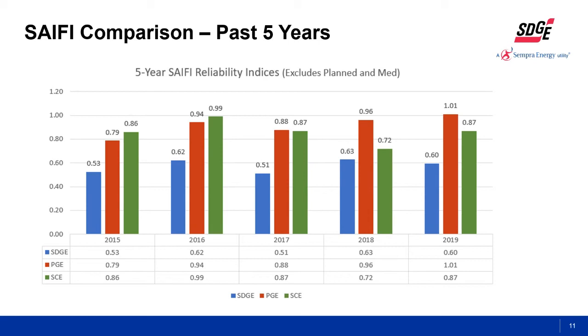We've had superior performance in this regard for quite some time. And this may be due to the fact that a higher portion of our distribution system here in San Diego is of underground configuration as compared to some of the other utilities that have a greater percentage of overhead distribution in their systems.